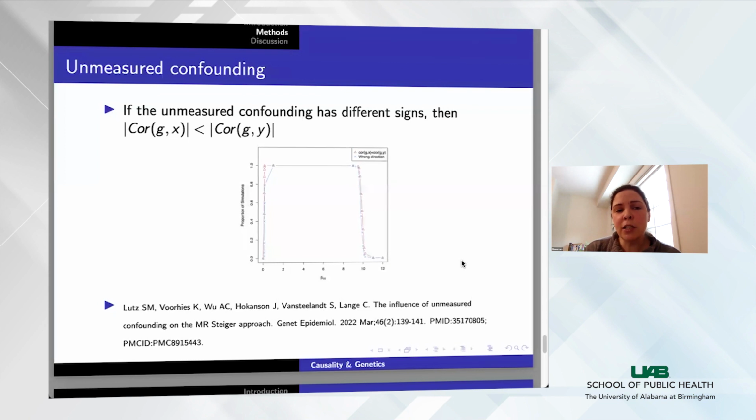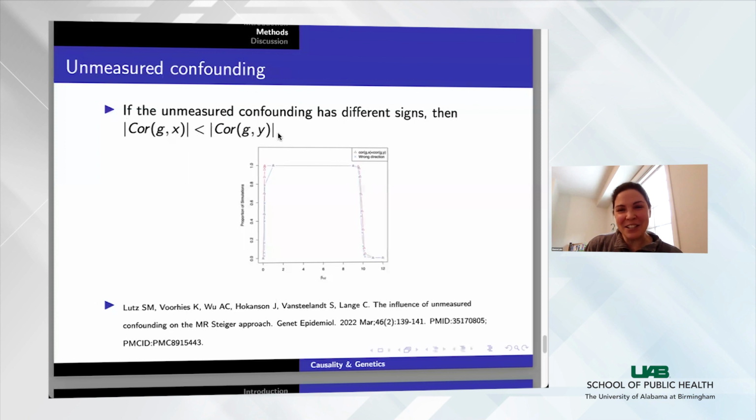But because MR Steiger is looking at the difference of the correlation between the SNP and the exposure and the correlation of the SNP and the outcome, it's kind of creating this weird issue where if you have unmeasured confounding with different signs, so say the unmeasured confounder is positively associated with the exposure X, but negatively associated with the outcome Y, then what can happen is it can create this association where the variance between the SNP G and the exposure X increases, but the variance between the SNP G and the outcome Y decreases, such that the absolute value of the correlation between the SNP and the exposure X is less than the correlation of the SNP and the outcome Y, which is like crazy.